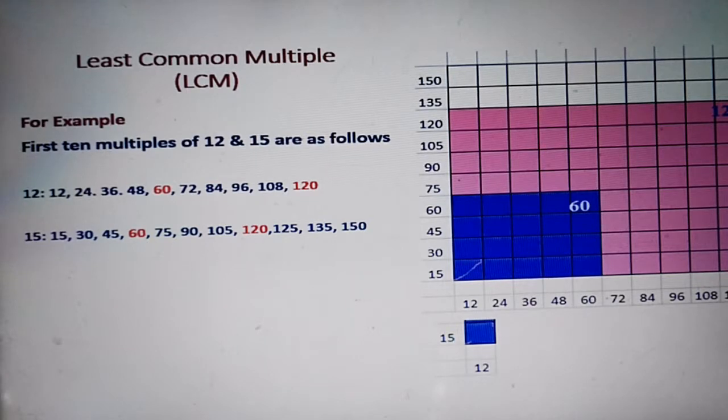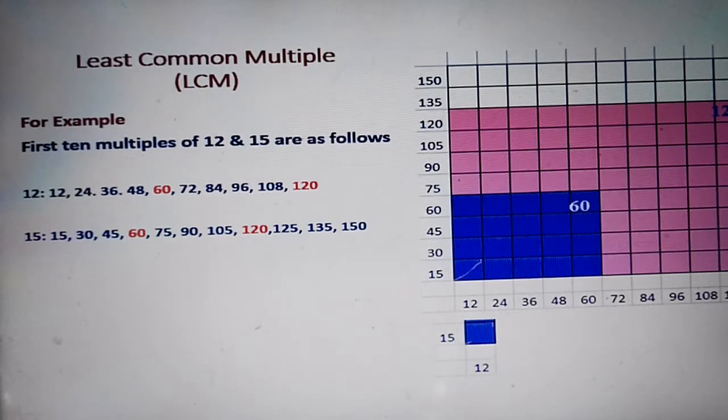For example, multiples of 12 are 12, 12 into 2 is 24, 12 into 3 is 36, 12 into 4 is 48, 12 into 5 is 60, and so on. Now for 15, 15 twos are 30, 15 threes are 45, 15 fours are 60, and so on. Here you can see that 60 is the common multiple of 12 and 15.